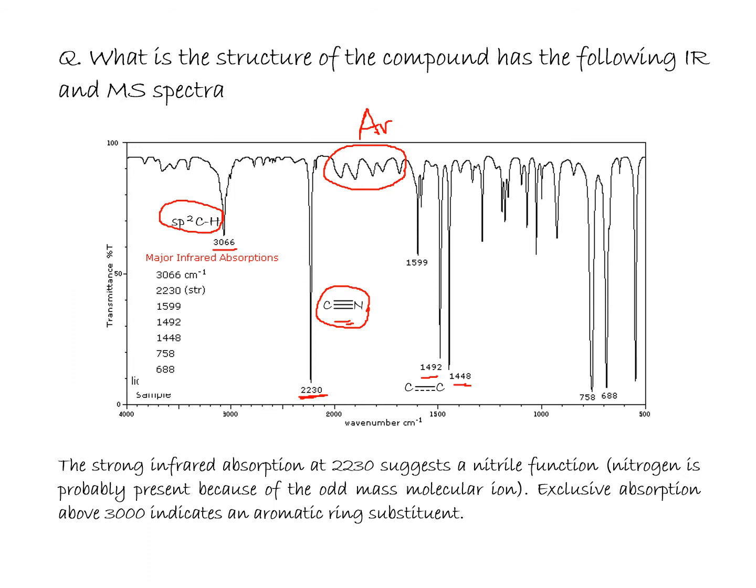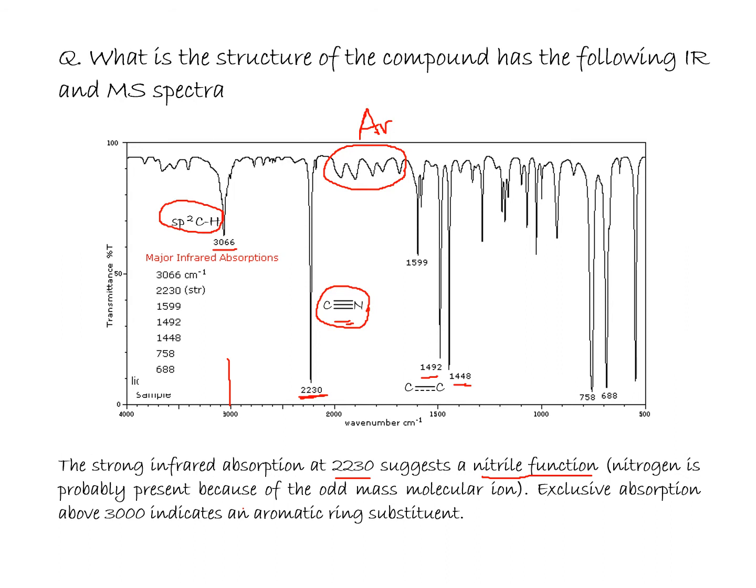So we don't have anything below 3000. So we don't have an aliphatic part in this molecule. So the strong infrared peak at 2230 suggests a nitrile function. Okay. Nitrogen is probably present in the molecule.